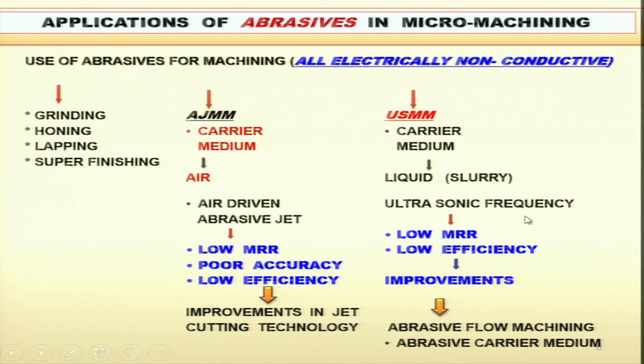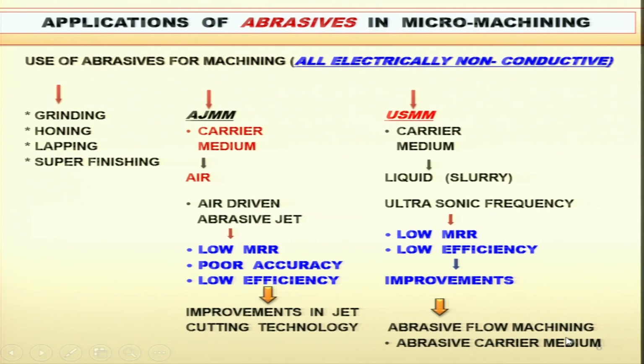Ultrasonic frequency is used for vibrating the tool, and as a result of this, again you have low material removal rate and low efficiency of the process, but these processes have their own applications, and so improvements are taking place in these processes for improving the material removal rate and efficiency both.